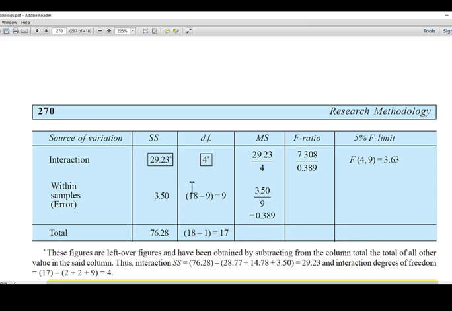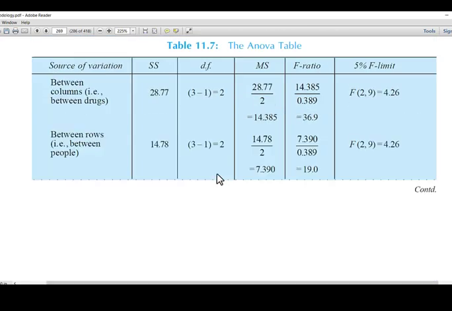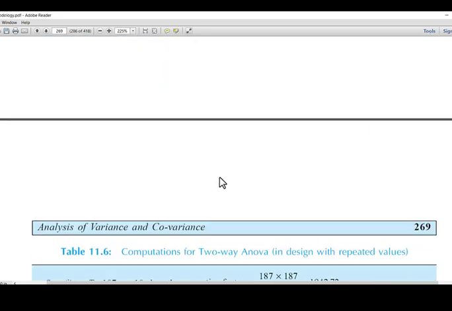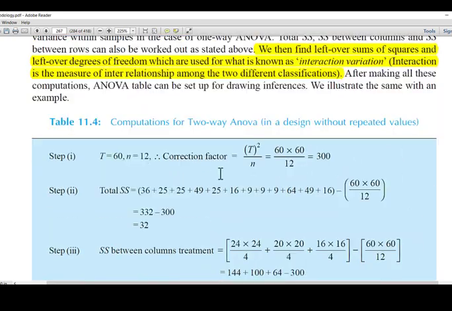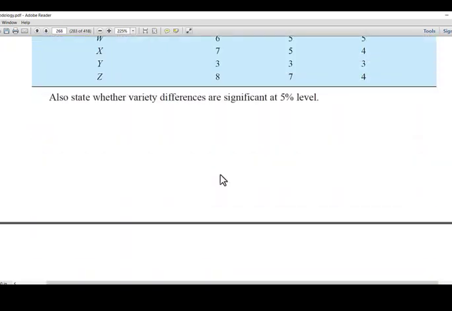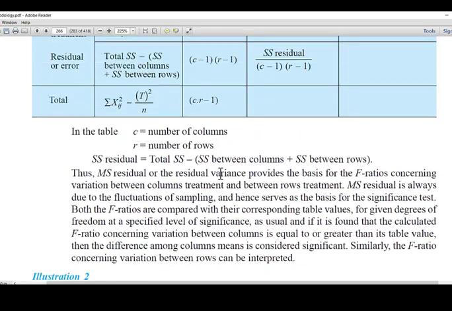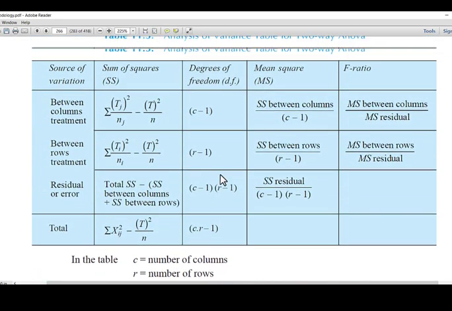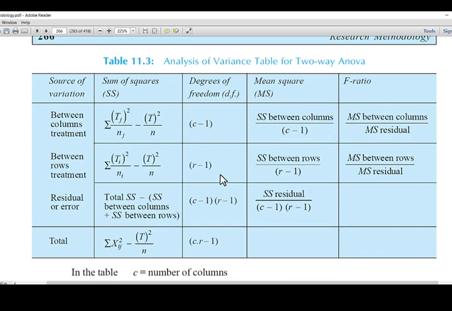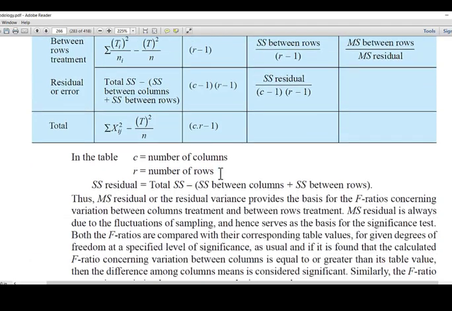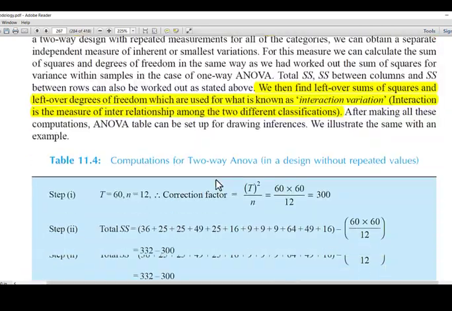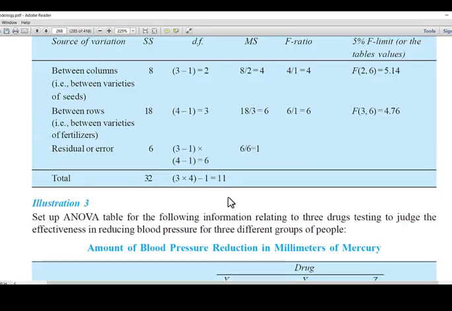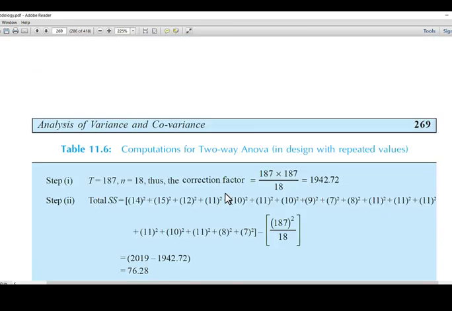And how these degrees of freedom for interaction are arrived at, you can refer to this table. Here this is basically for when repeated values are not there, but on similar lines we can understand how this ANOVA table is set up in this case.